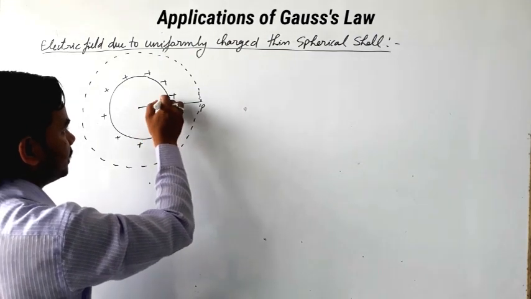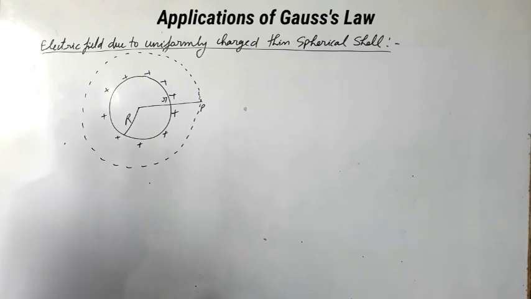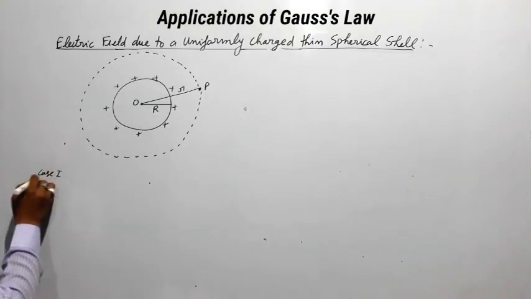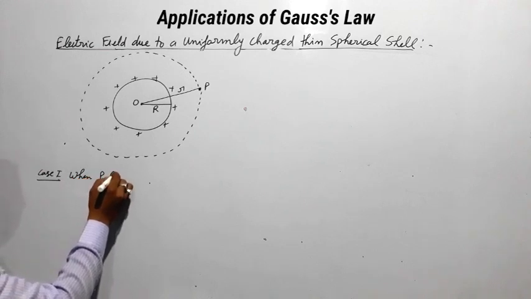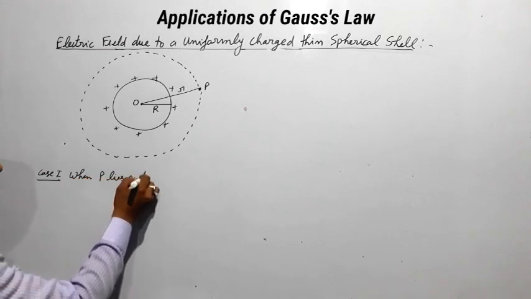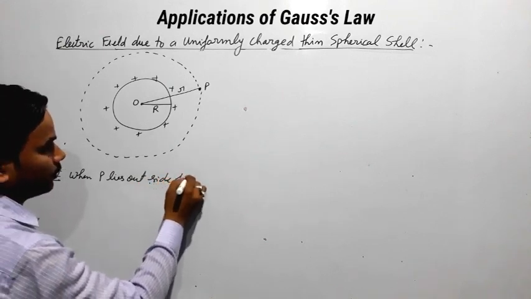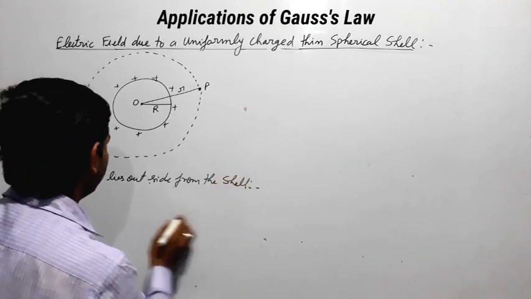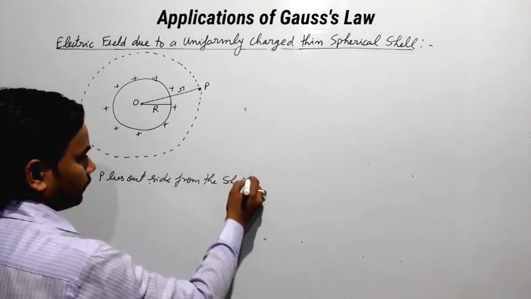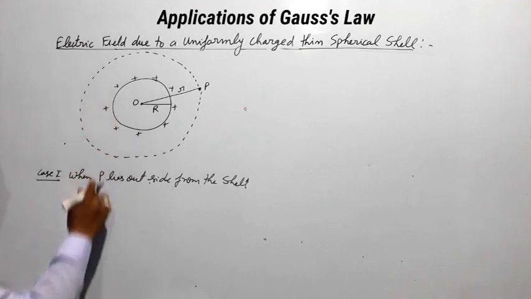The distance of point P is small r and the radius of this sphere is capital R. So case first, when P lies outside the shell, we have to calculate the electric field at point P due to this spherical shell.